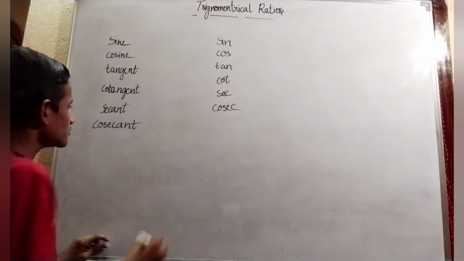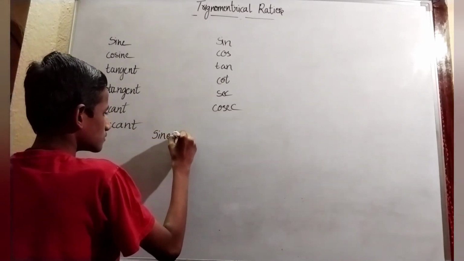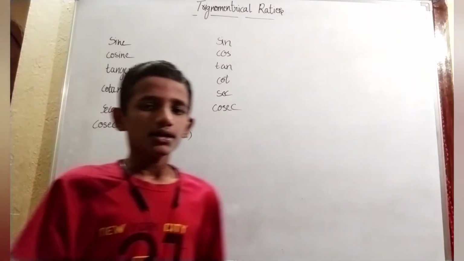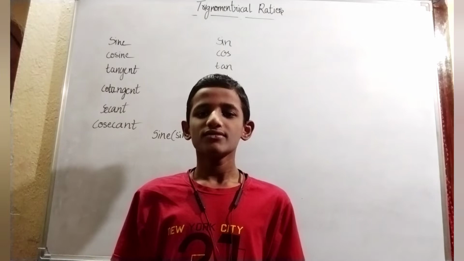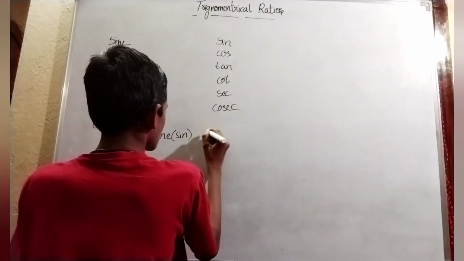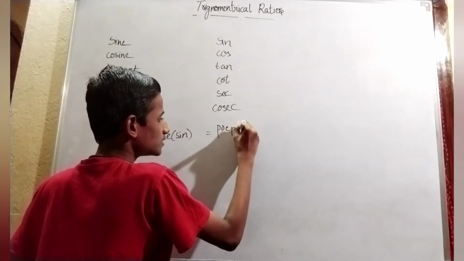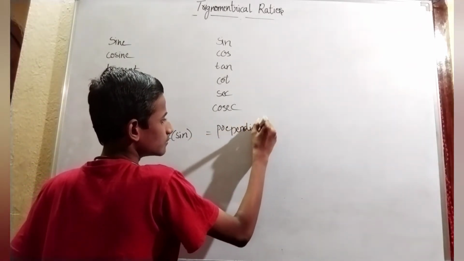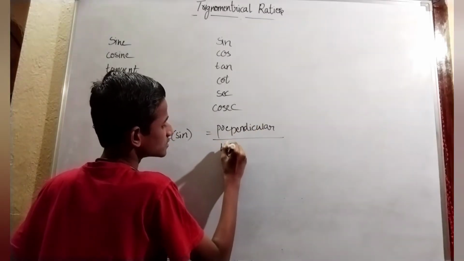Okay. First we know about sin. Sin is defined as the ratio between the lengths of perpendicular and hypotenuse. That is perpendicular by hypotenuse.